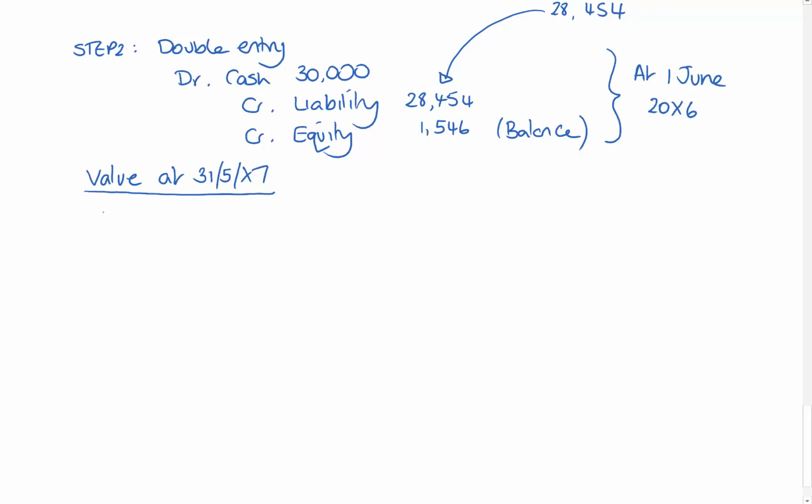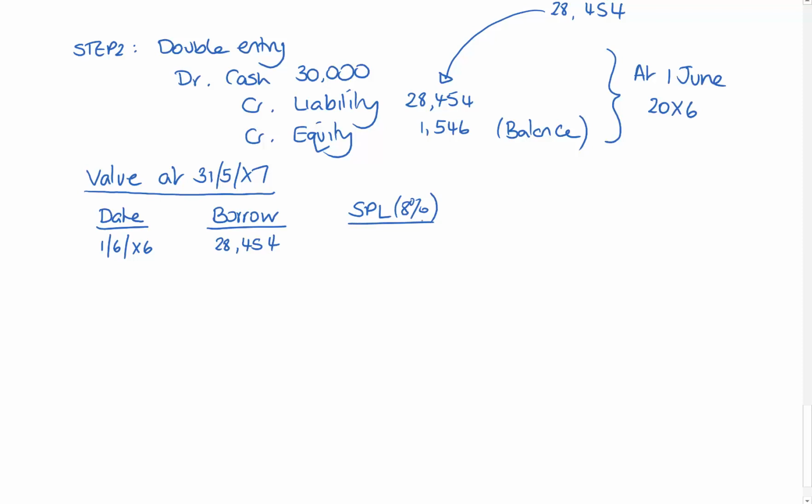let's work out what happens here. First of June x7. What have we done? $28454 in the statement of profit and loss.